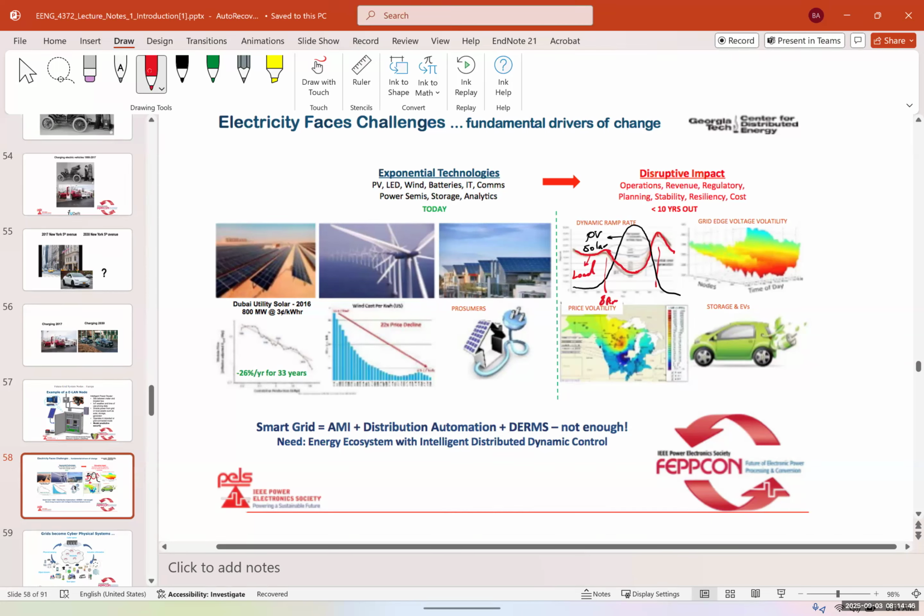So instead of firing up another gas generator, they would reduce the consumption by having control. Imagine you have control over 10,000 HVAC systems, and you just reduce them by 10%, then you don't need to run a 5 megawatt, for example, gas generator, and you can control the peak.